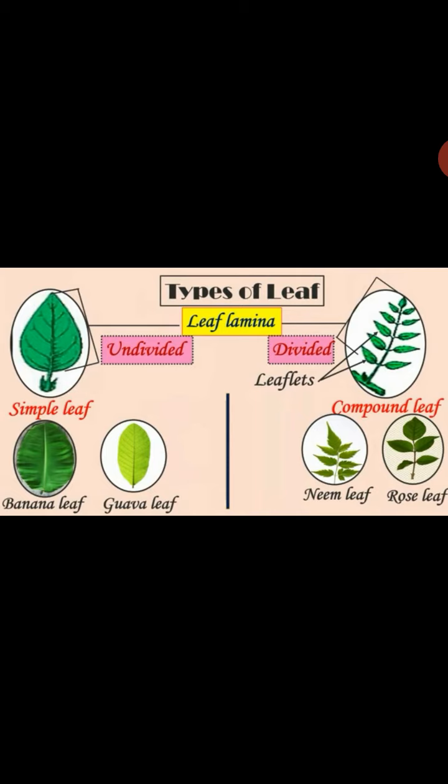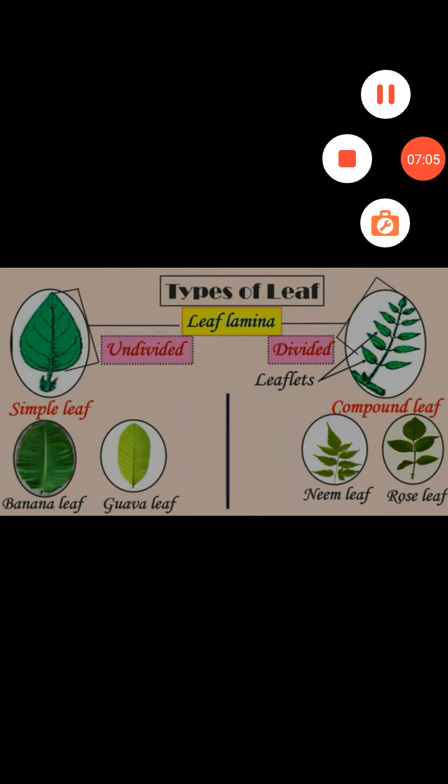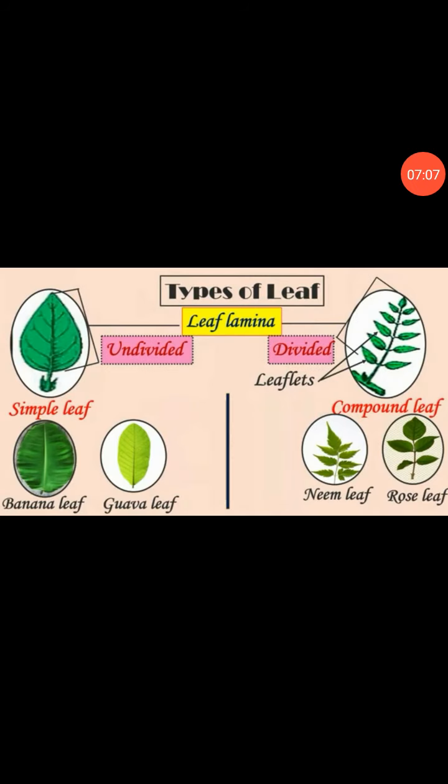Simple leaves and compound leaves. So students, a simple leaf has a single leaf lamina which is never divided into smaller leaflets. For example, I have shown banana leaf and guava leaf in the picture, which have undivided leaf lamina. There is no division of leaves, as you can see in the simple leaves.